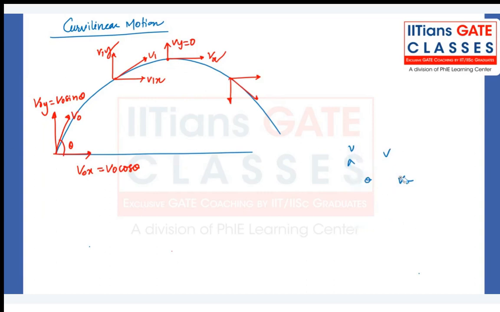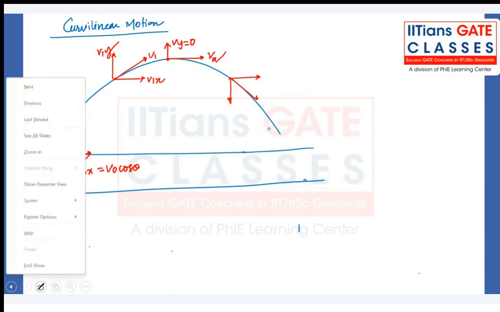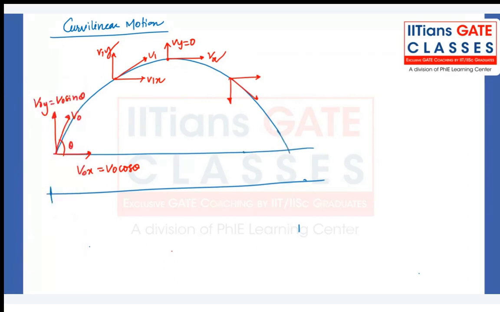Okay, good. So from the curvilinear motion point of view, what you should know is at what angle you can get the maximum range. So basically, some concepts you should know. So let's say, okay, this is range. This is H max.